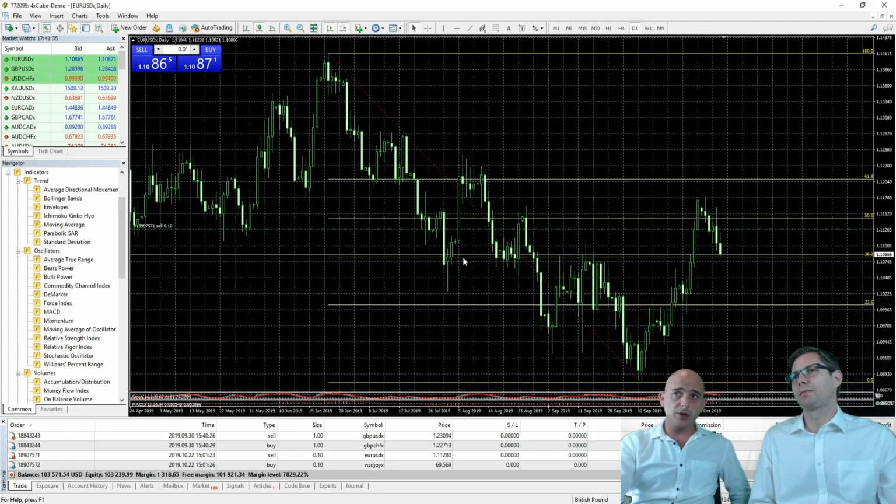Okay, so a buy trade here would have been extremely successful. It would have taken you up 1, 2, 3, 4 days worth of profits, let's say. And now this 61.8 level is being used as resistance. So it was support here.